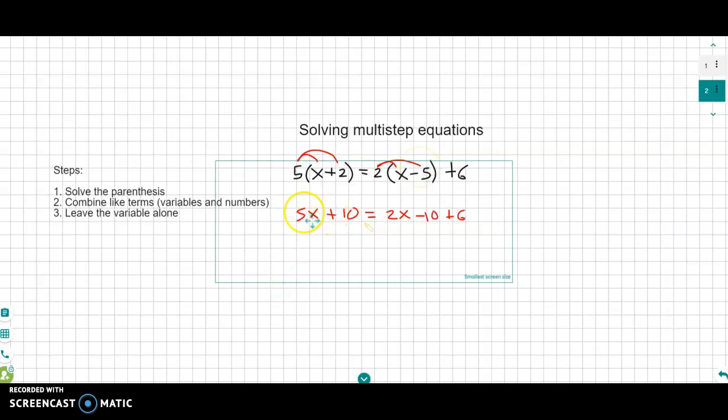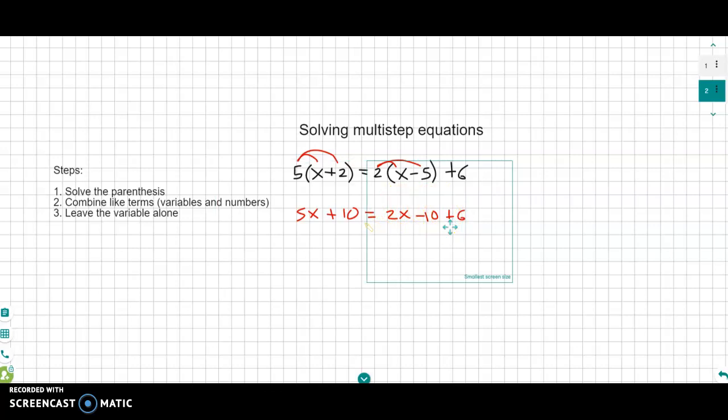Okay guys, now we're going to see this part to the left of the equal sign and to the right, and we check if we can combine like terms. As I told you before, we can add variables, x with x, and numbers with numbers. Okay, let's see. So to this side of the equation we have 5x plus 10, and to this side we have 2x minus 10 plus 6.